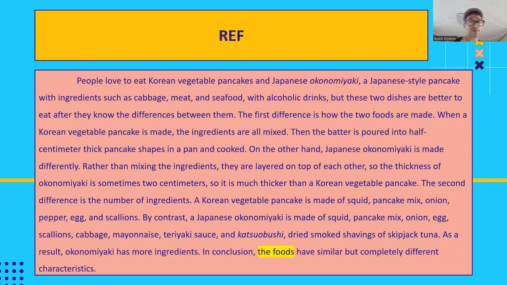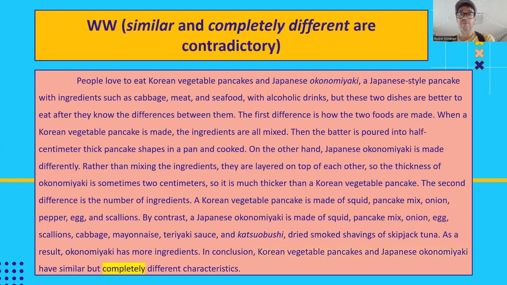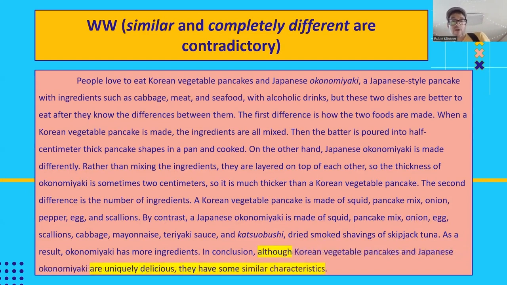In conclusion, the foods. What foods? Korean vegetable pancakes and Japanese okonomiyaki have similar but different, but completely similar, but completely contradict each other. So, in conclusion, although, let's change it up a little bit.